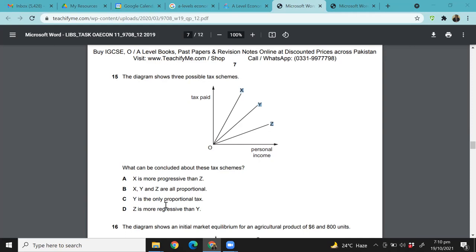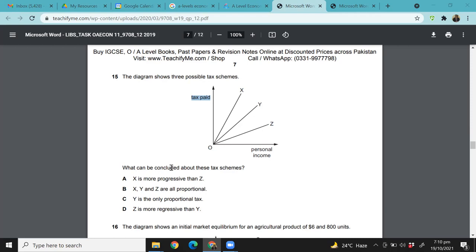Y is progressive, but why not X and Z? Don't you think that X and Z are also progressive? Because higher the income, higher the amount of tax that they pay. Are you getting me?